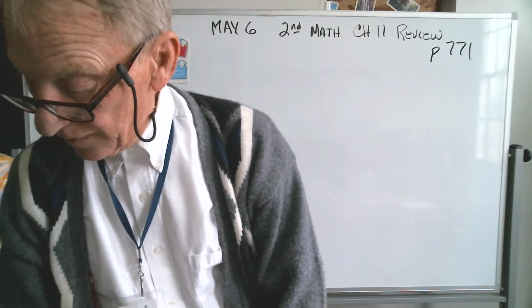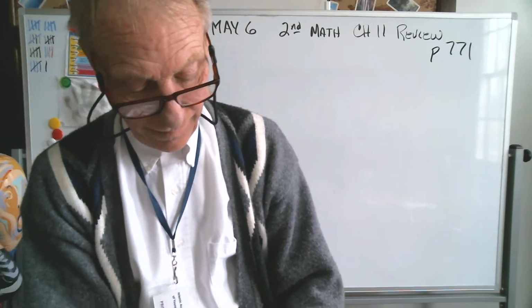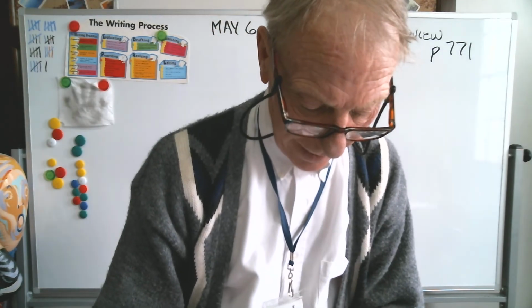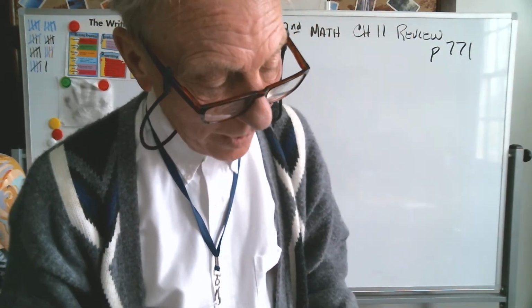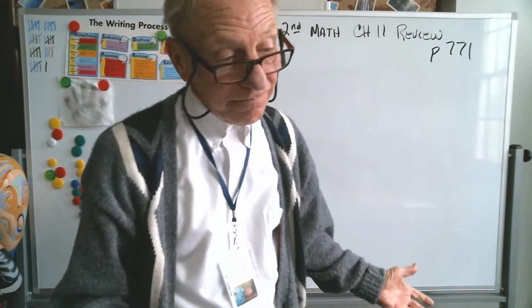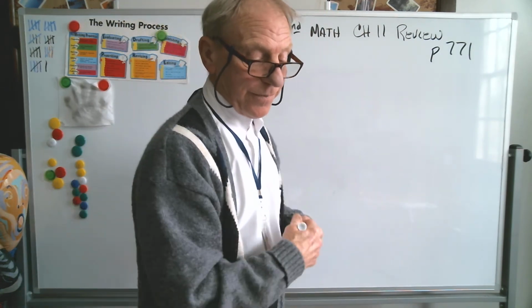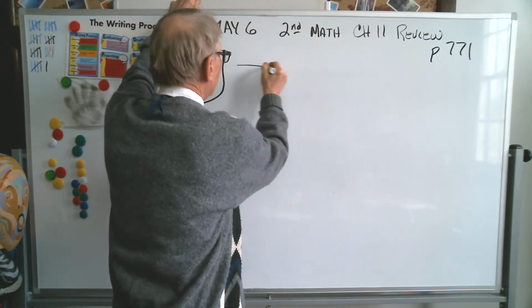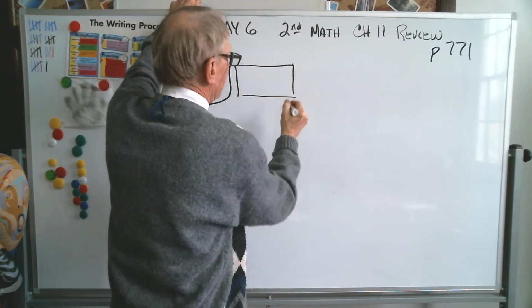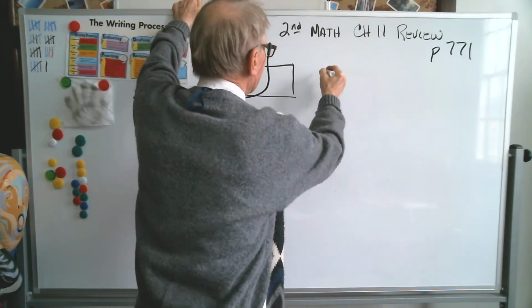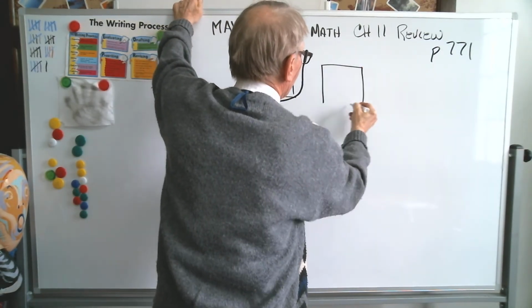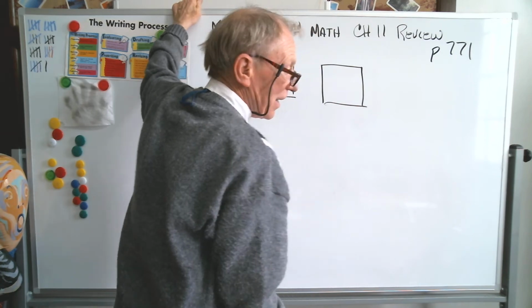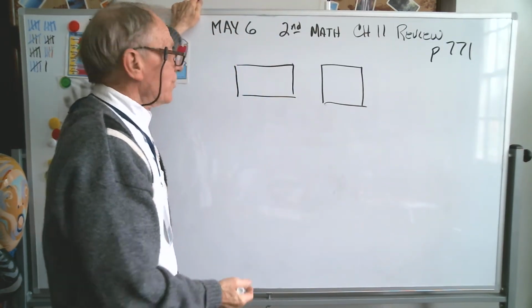Let's head over to the next page. We're now on problem number 3. Draw lines to show thirds. Now we just did this. So, you've got a rectangle. There's one shape. And then the next shape is a square. And all you got to do is divide it into 3 equal parts.